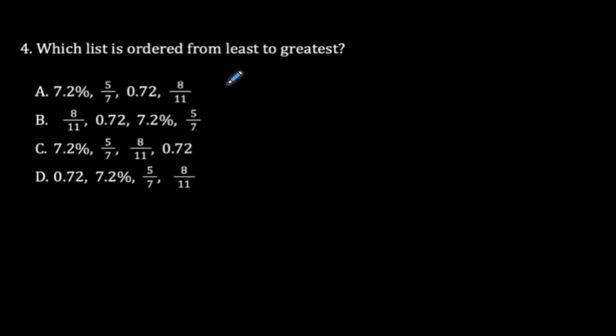Okay, so 7.2% is equal to 7.2, moving the decimal point 2 places over, that's 1, 2. So that is equal to 0.072.